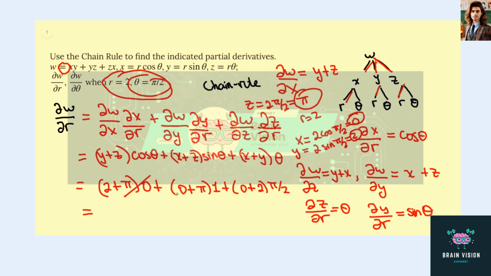So we have 0 there, pi over here, and then another pi over here. And that's our first answer for derivative of W with respect to R. And then now we'll go on to the next page to answer the remaining derivative with respect to theta.